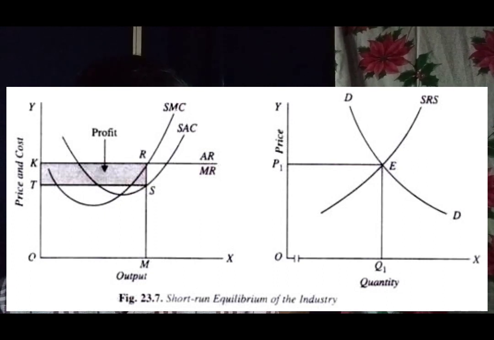The left-hand panel of Figure 23.7 shows that a firm in the industry will be in equilibrium at OM output. It should be noted that the scale on the x-axis on the diagrams in the right-hand and left-hand panels are different. With OM output, the firm is making economic profits equal to the area KRST.